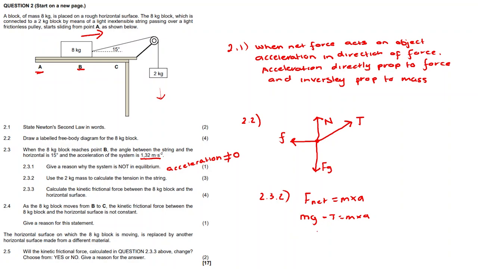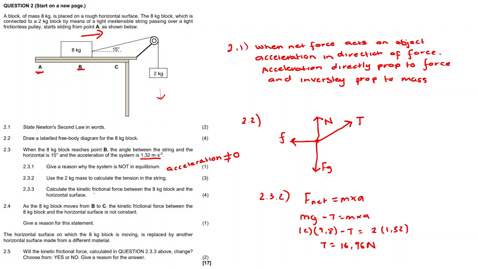Then we fill in our values: m being 2, g being 9.8, negative T, mass being 2, and the acceleration being 1.32. When we work all of that out, we get T to be equal to 16.96 newtons.